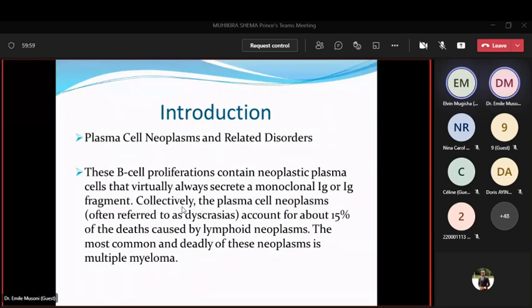Collectively, the plasma cell neoplasms, often referred to as dyscrasias, account for about 15% of deaths caused by lymphoid neoplasms. And the most common and deadly neoplasm is called multiple myeloma. This one we find in your clinical practice.